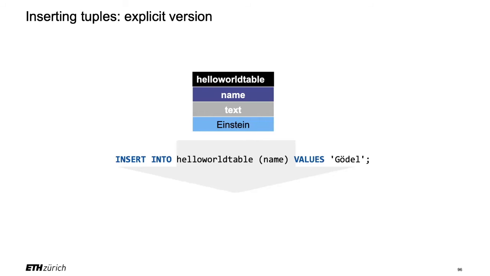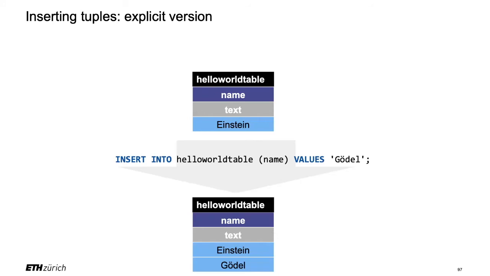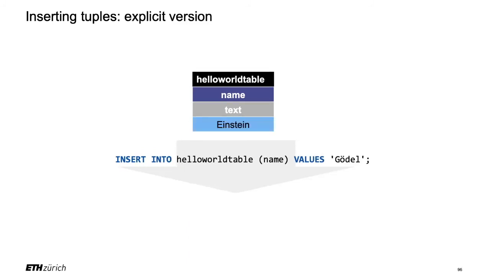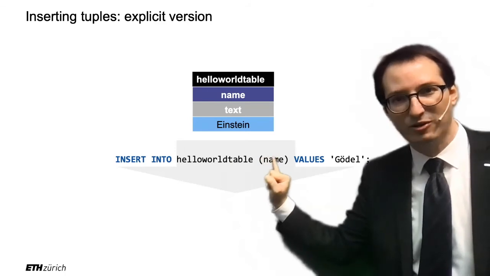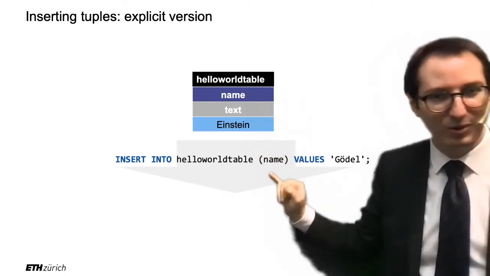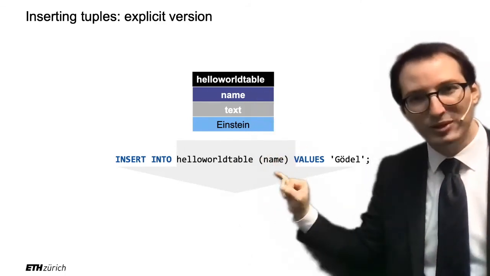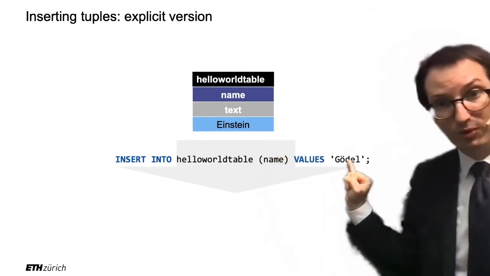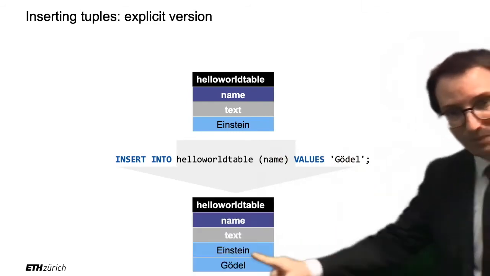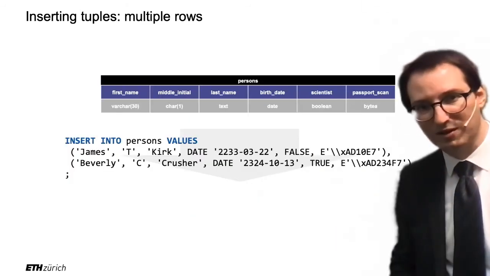There's no trap. 1 and 2, right? So Einstein and Gödel. All right. What's the difference between the two? The only difference is that here, I didn't just say the name of the table, I also specified the column. So you may think, okay, that's useless, there's only one and so on, right? But you will soon understand why it can actually be useful to specify the columns that you want to add your values to. So 2 rows and still 1 column.